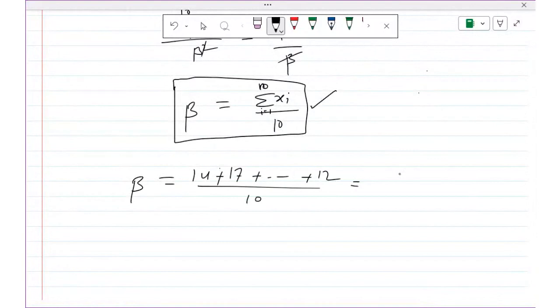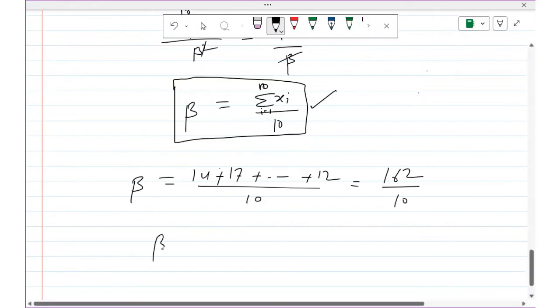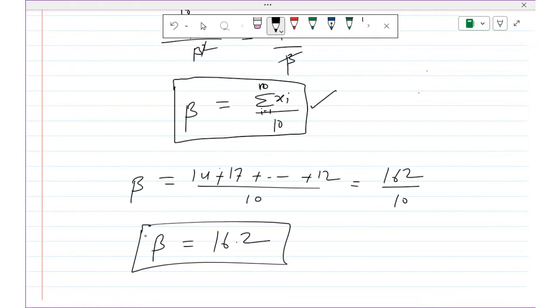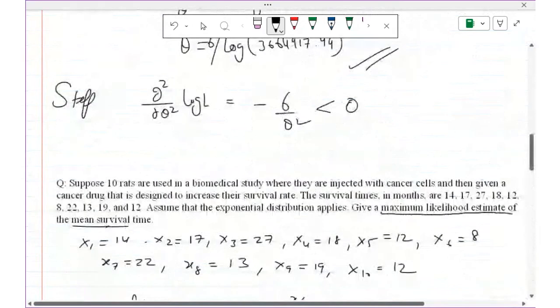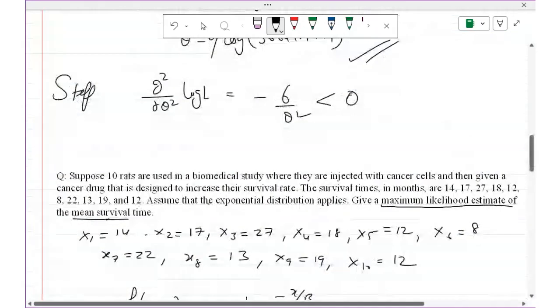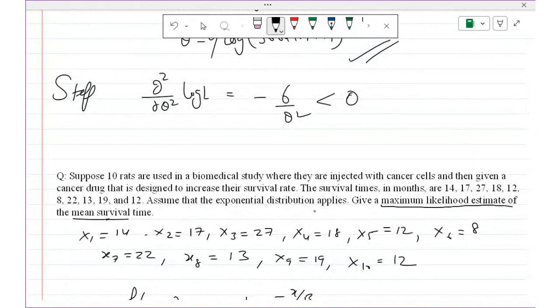Roshan is telling me the sum is 162. I hope it is correct. Divided by 10, the mean or average is 16.2. The maximum likelihood estimate for this exponential distribution is 16.2. The average survival time is 16.2.